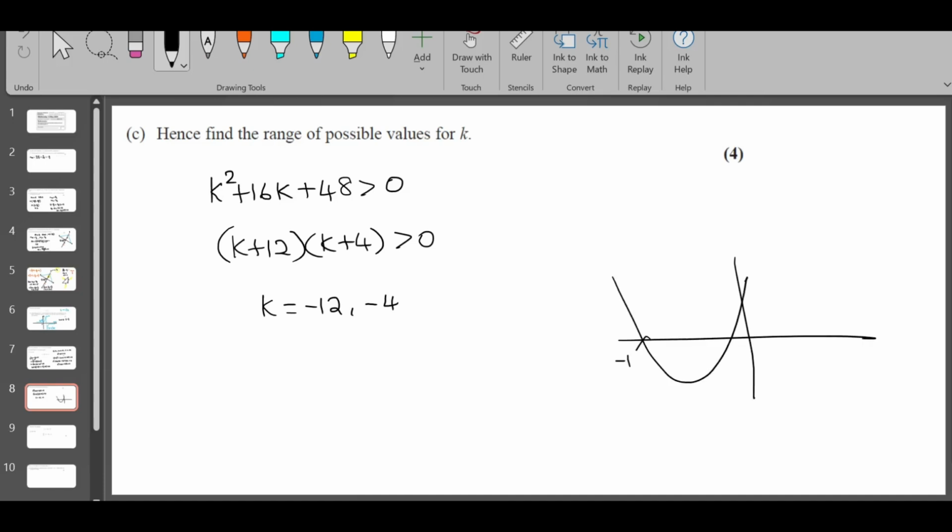This is minus 12, minus 4, and k square is positive, so it's a U-shaped graph. So when they say greater than 0, they are talking about this piece and this piece, two disconnected pieces. So the corresponding k values are the solutions. So k is less than minus 12 or k is greater than minus 4. That's the solution for this quadratic inequality.